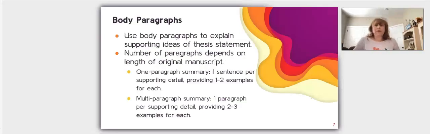For the body paragraphs, you need to support the ideas of the thesis. The length will vary, but if you do just a 1-paragraph summary, it's usually 1 sentence per supporting detail, and then providing 1 or 2 examples for each detail. If you are authoring a multi-paragraph summary, you have one paragraph per supporting detail, and then you're providing 2 or 3 examples for each.